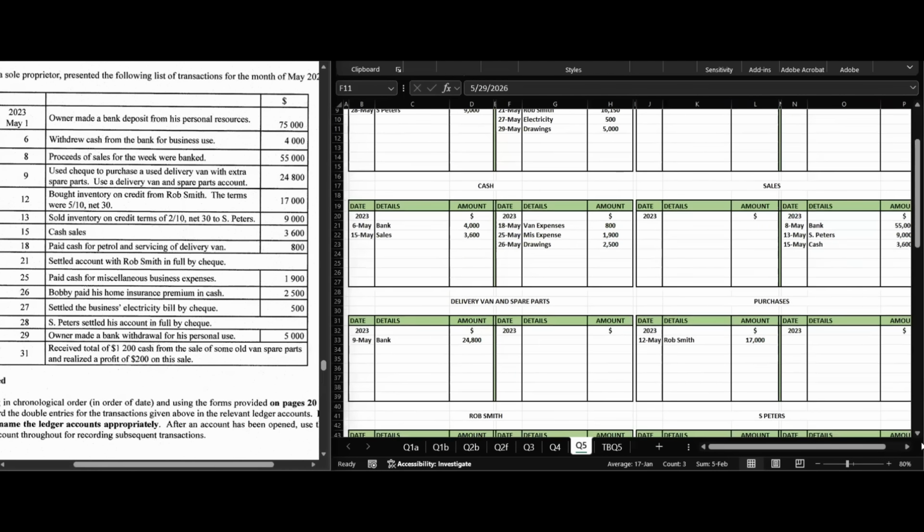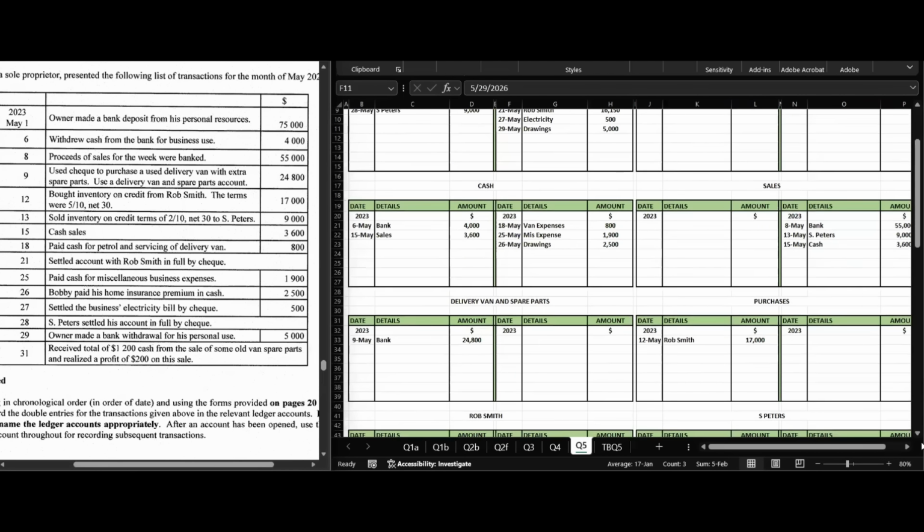So what we need to do is transfer $1,000 worth of spare parts out of the delivery van account by crediting here. That's going to go in your disposal of spare parts account, 1,000. Here we go. And now we're going to receive the 1,200 cash.